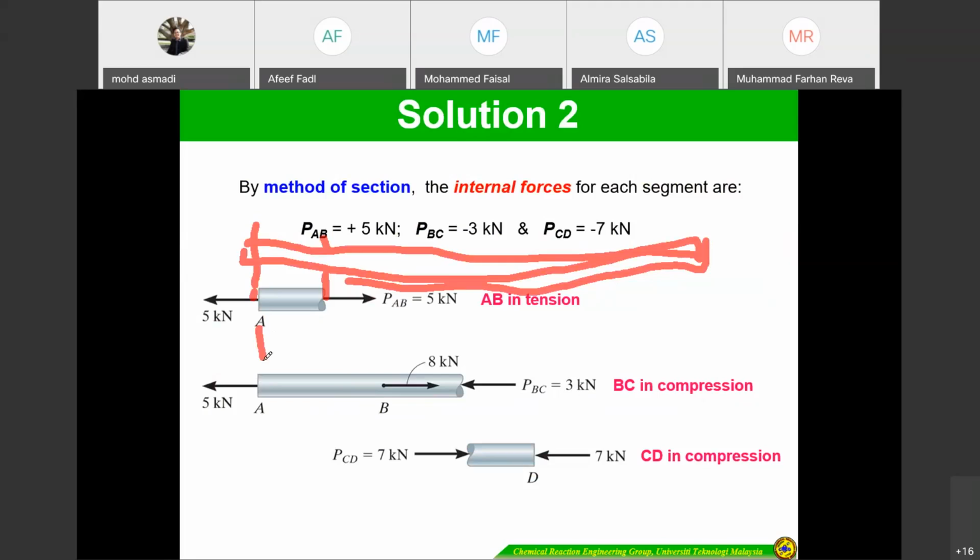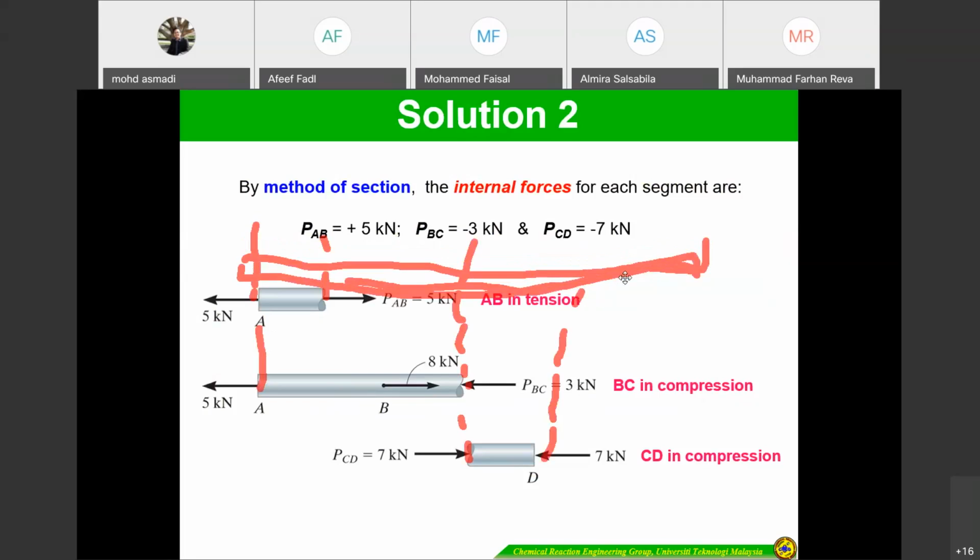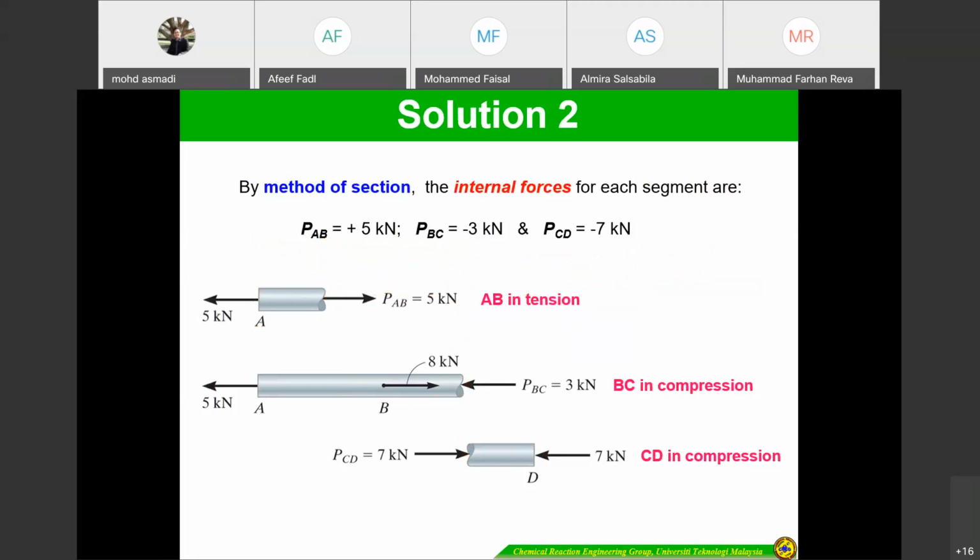Similarly, you calculate PAB, as well as PBC, and PCD similarly, up to the end at point D.